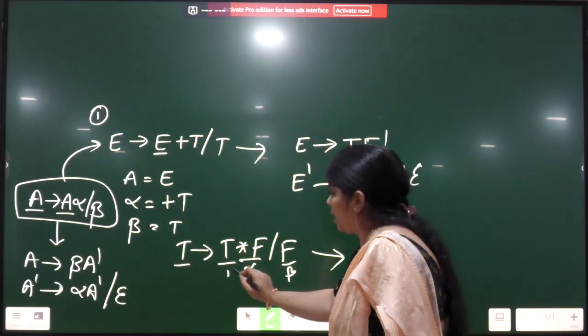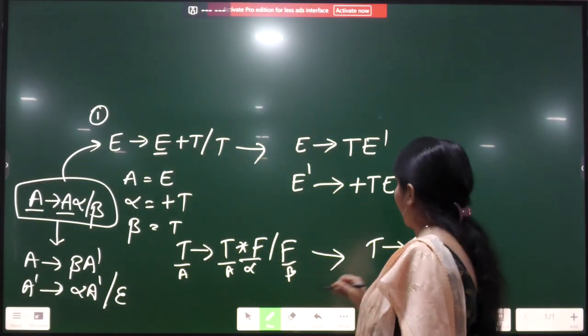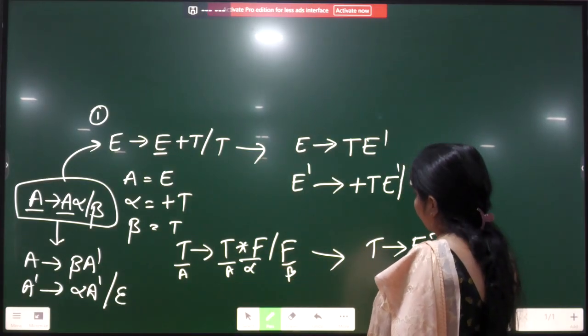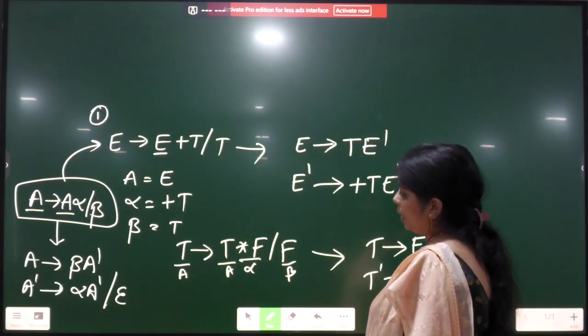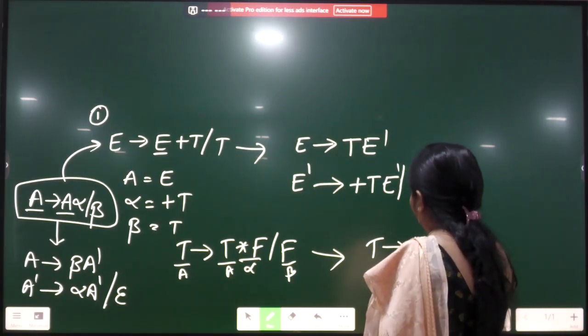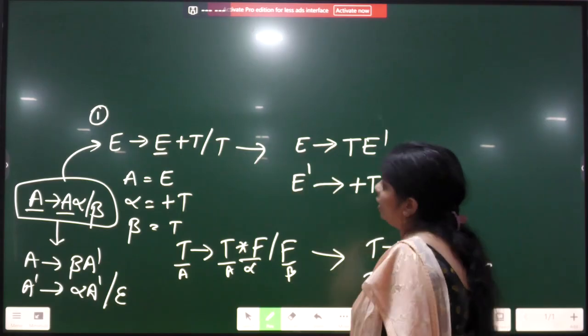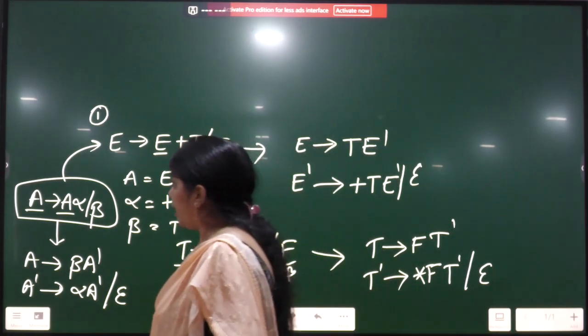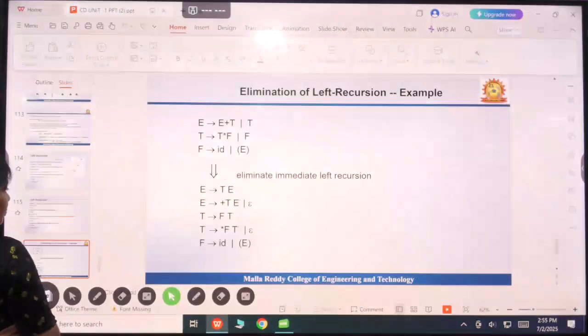So this is A and this is A. Now beta A dash, that is F T dash. Next, T dash, that is A dash tends to alpha. What is alpha here? Star F A dash, that is T dash, or epsilon. In this way we can eliminate left associativity by using the left recursion technique.